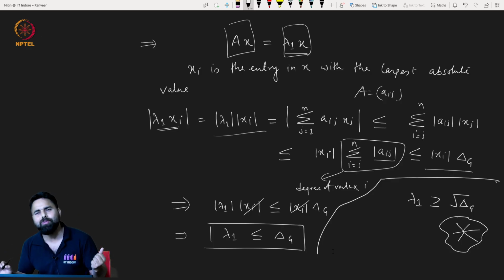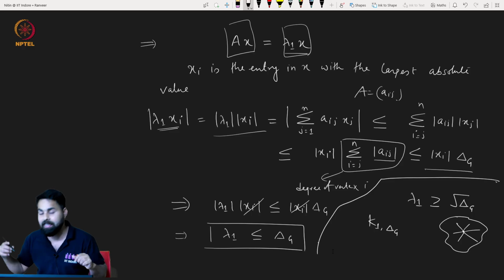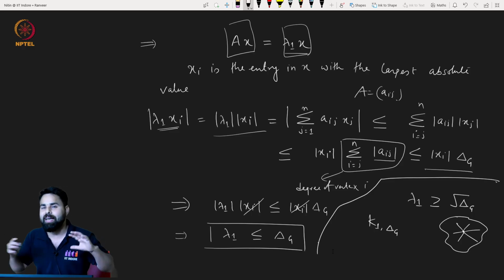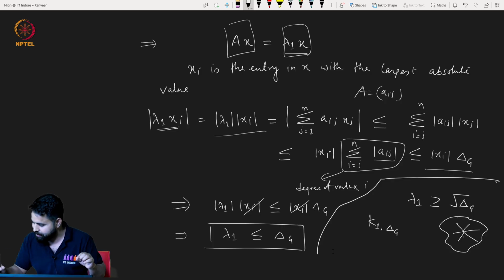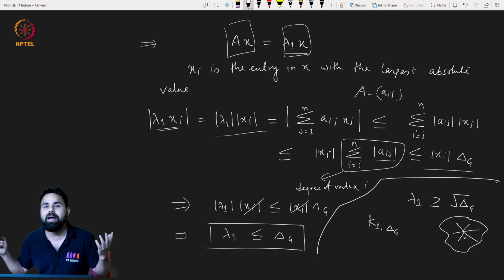So what is this graph? This is a complete bipartite graph K1,delta g, where there is one vertex in the center and the rest of the vertices are connected to it. These vertices make one partition and the other partition is just that center vertex, let us call it V. Now we already know the largest eigenvalue of a complete bipartite graph.